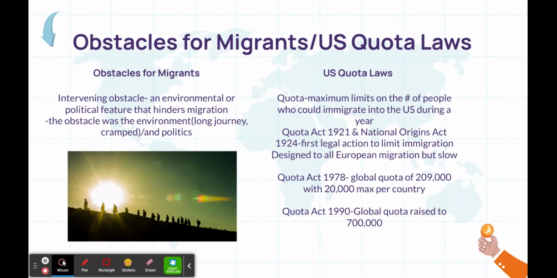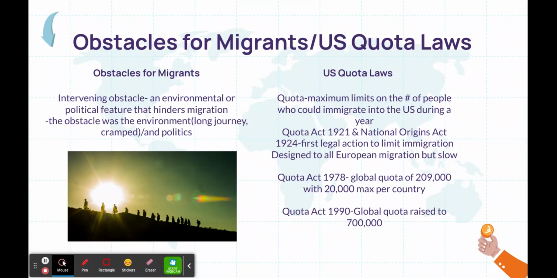Quota laws. A quota sets maximum limits on the number of people who can immigrate into the U.S. during a year. Back in the 1700s and early 1900s, there were no quota laws. Anyone who wanted to move into the U.S. could. In 1921, they initiated the Quota Act and the National Origins Act in 1924, which limited people and became an intervening obstacle.